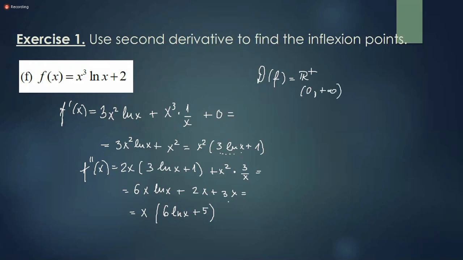And so let's see, the critical points might be 0, but it's not a critical point because it does not belong to the domain. So we will be able to ignore that one. That definitely cannot be an inflection point. So of course x is positive, always positive, and 6 ln x plus 5 equal to 0 to determine the critical points.